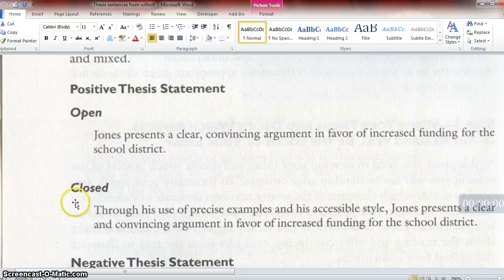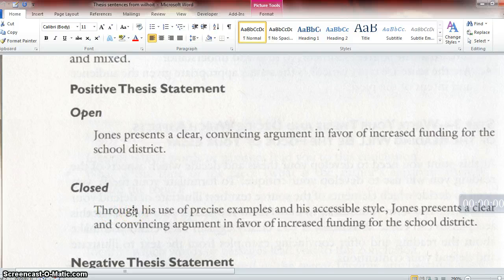This one is closed, and the more formal your writing is, the more closed you want your thesis statement to be. So in this one, through his use of precise examples and his accessible style, Jones presents a clear and convincing argument in favor of increased funding for the school district. So again, they're reviewing this presentation. They're positive about it, but this time it's closed.